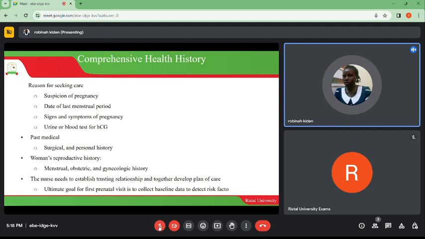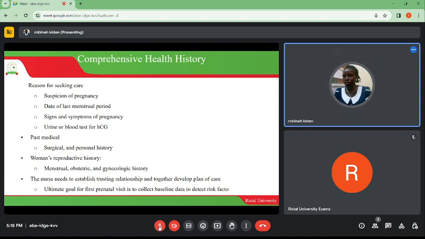And things like that. Gynecological history: has she ever had any infections that affected the reproductive system that were treated? Like, for instance, maybe she had an abortion and she needed to be done cleaning. So all those we ask about.